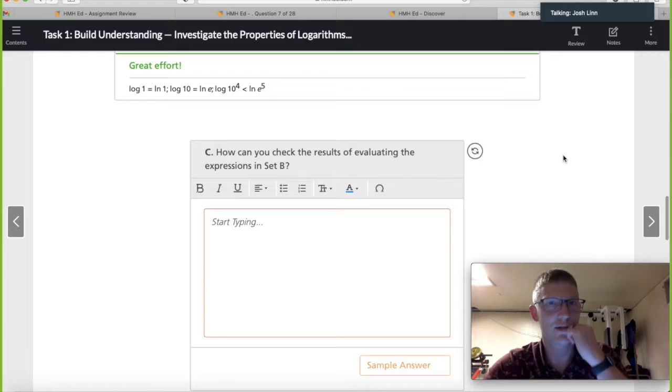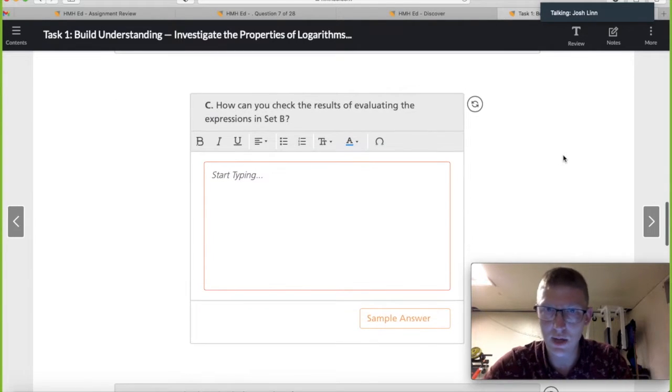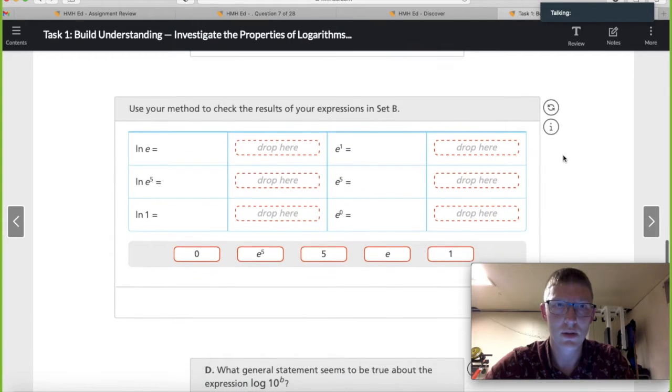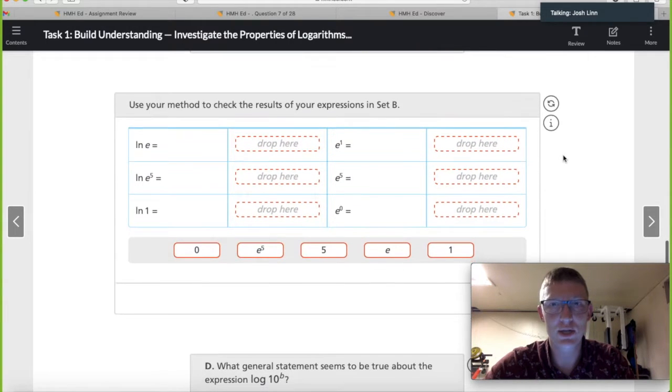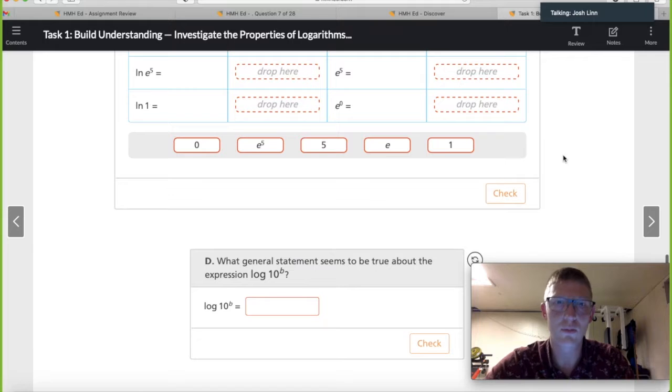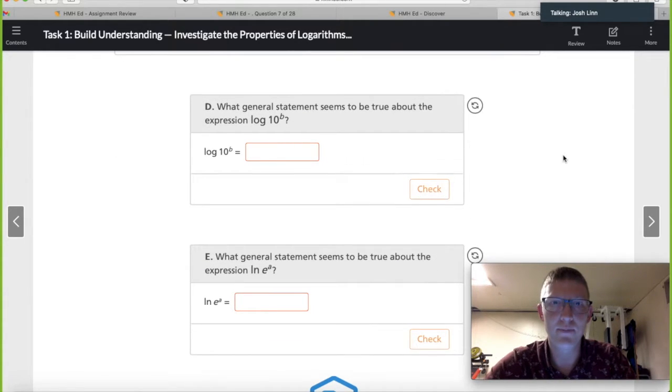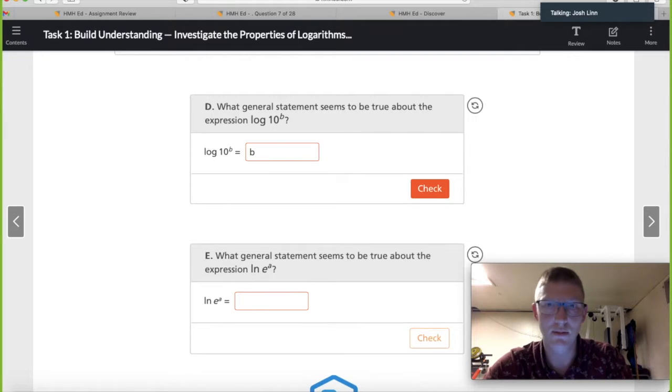So how can we check the results? I mean, shove them into a calculator. We can look at the graphs as well. So use your method to check the results. We're not going to graph them at this point. But what general statement seems to be true about the expression log base 10 of 10 to the b? Log base 10 to the power of b equals b.